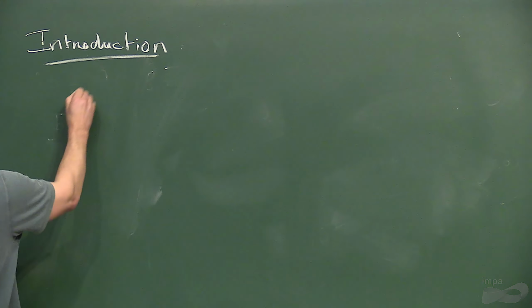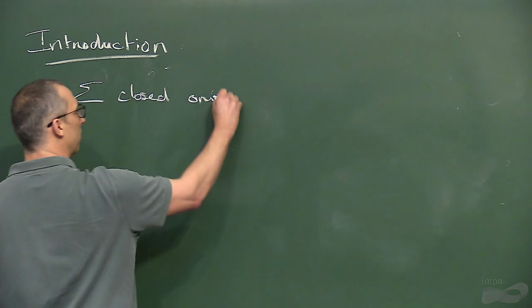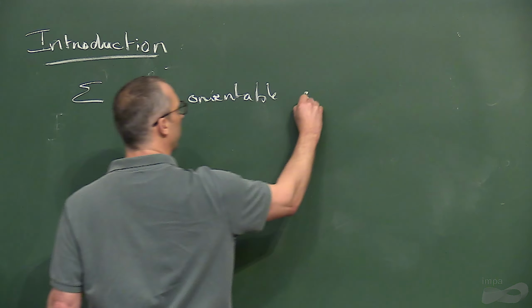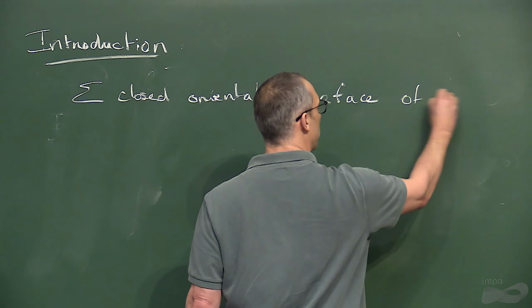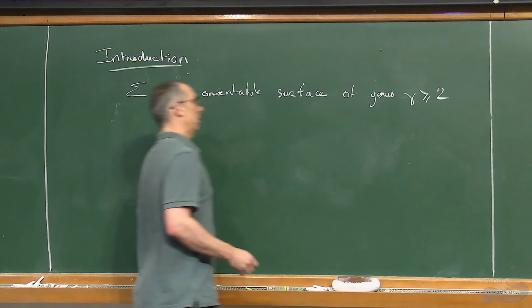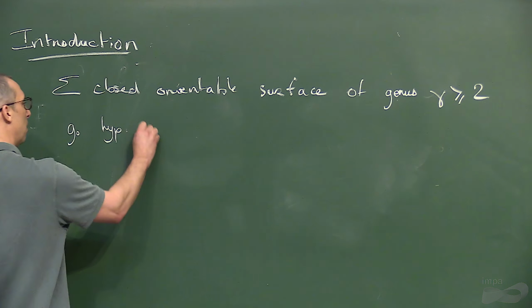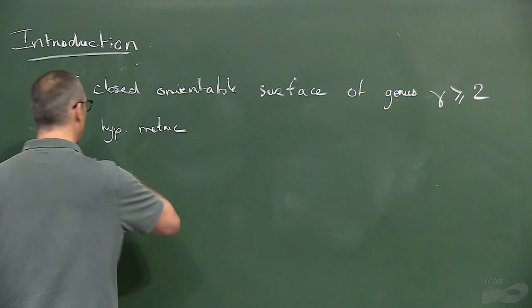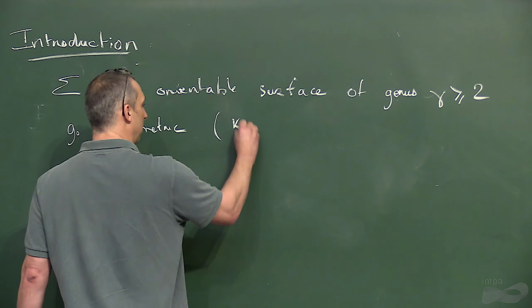The first one is a well-known formula. We have a closed orientable surface of genus, and we will suppose that the genus is bigger than or equal to 2, such that there exists some hyperbolic metric on it. Here by hyperbolic metric, I mean a metric of constant sectional curvature equal to -1.